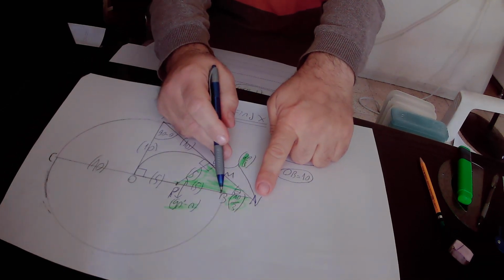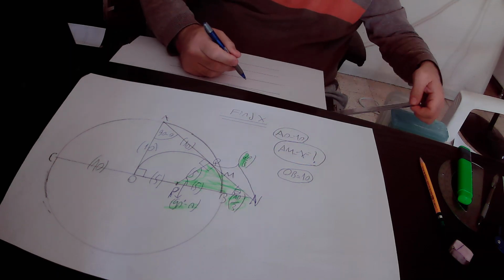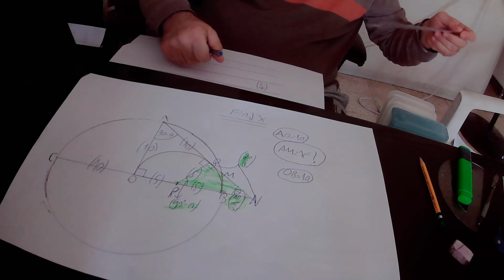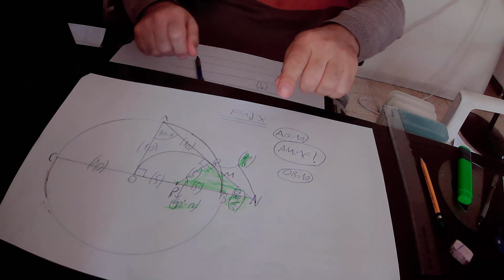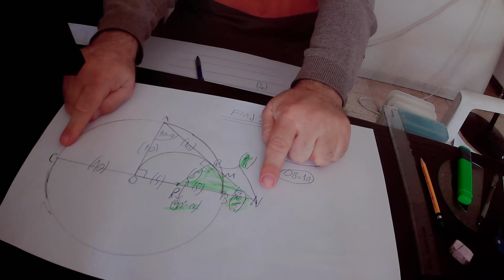NB equals 10 over 3 units times NC. NC or CN, it is the same. CN in total equals CO plus OP plus PB plus BN.